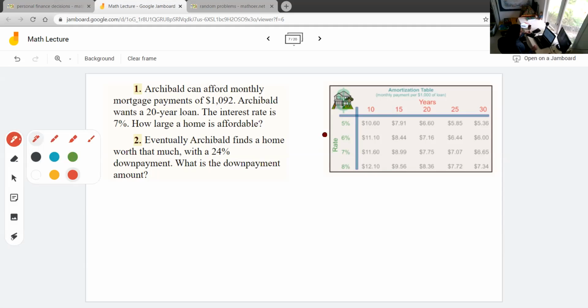Okay, so here we have a 20-year loan. 7% again. So this time our number is $7.75. The first problem we were just dividing.